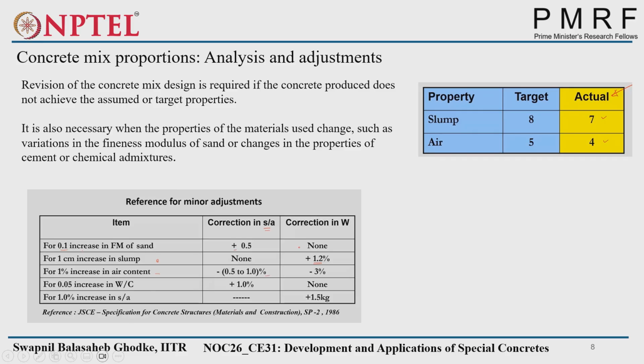It gives corrections in the sand to aggregate ratio and correction in water content. For a 0.1 increase in fineness modulus of sand, the correction in S/A should be plus 0.5, and correction in water is none.